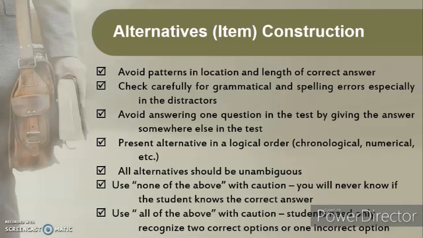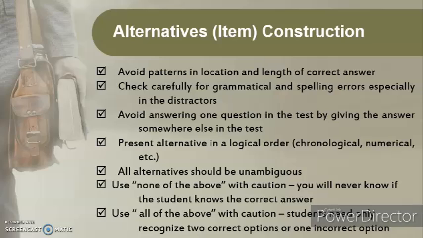And we are going to the second point here, the alternative item construction. The first point, avoid patterns in location and length of the correct answer. And also we have to check carefully for grammatical and spelling errors, especially in distractors. And next, avoid answering one question in the test by giving the answer somewhere else in the test.